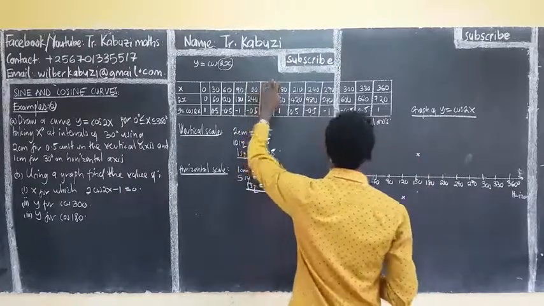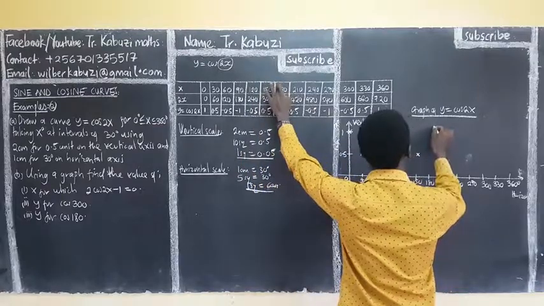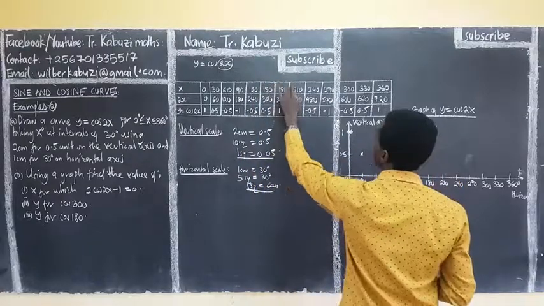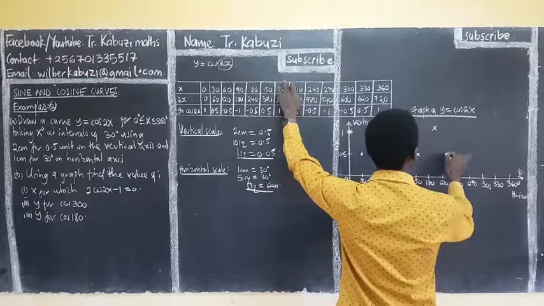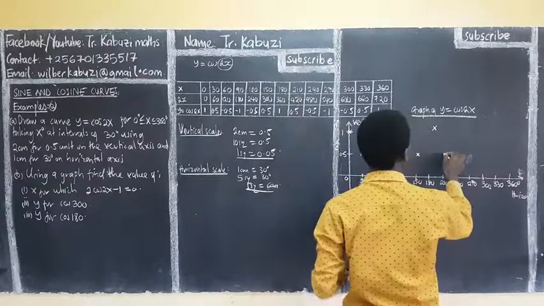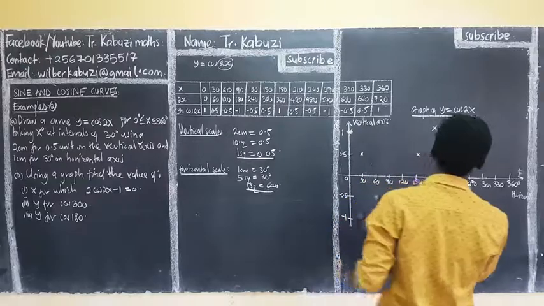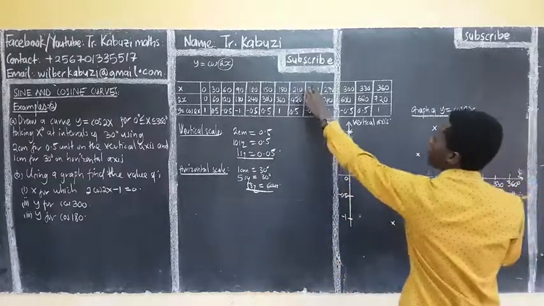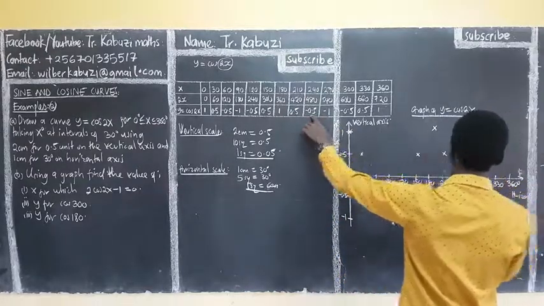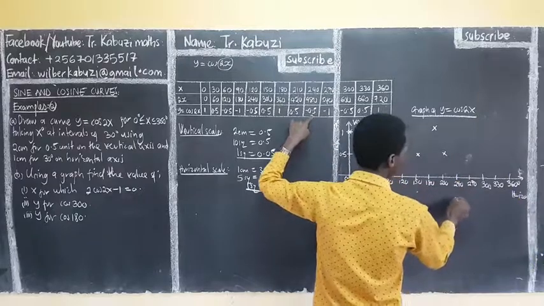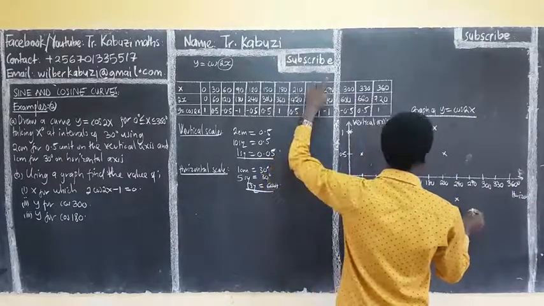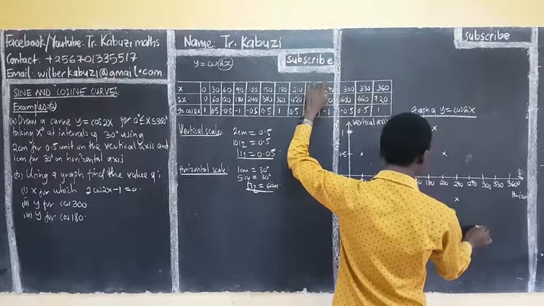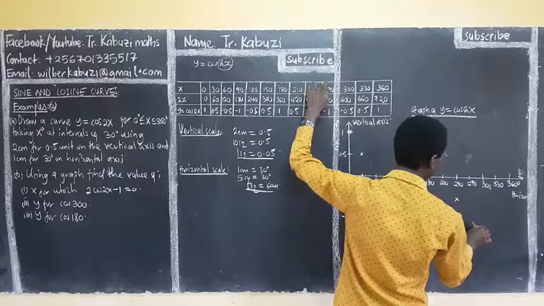When it's 180, it's at 1. When it is at 210, it's at 0.5 there. When it is at 240, this is negative 0.5, so negative 0.5 here at 240. Then 270 is at negative 1, here.